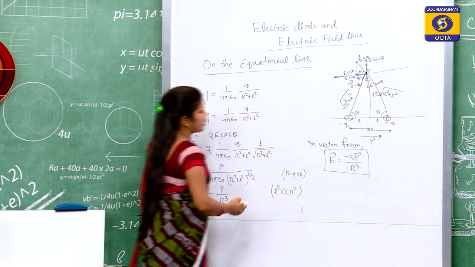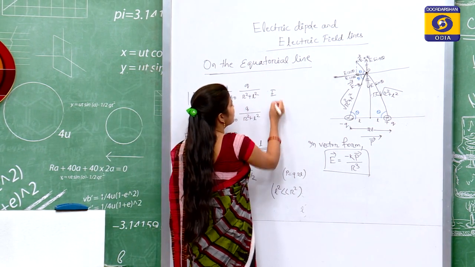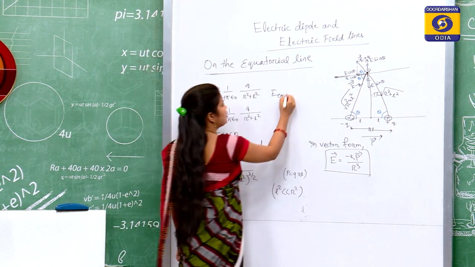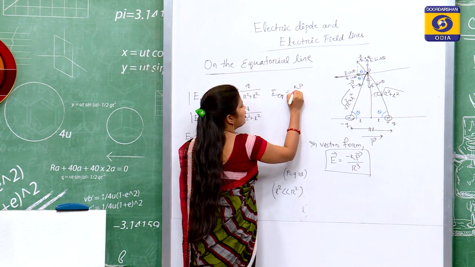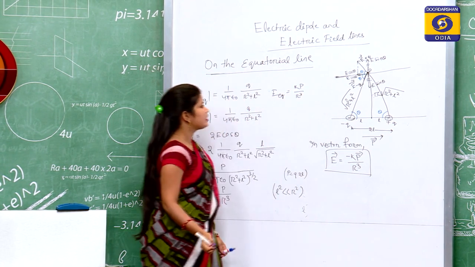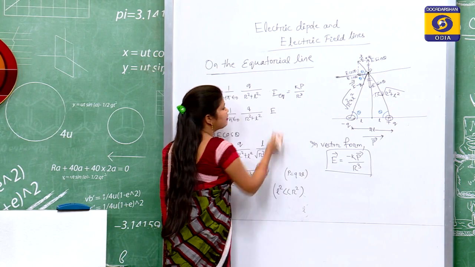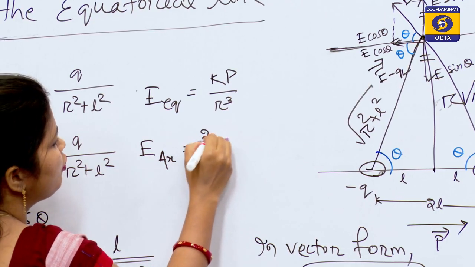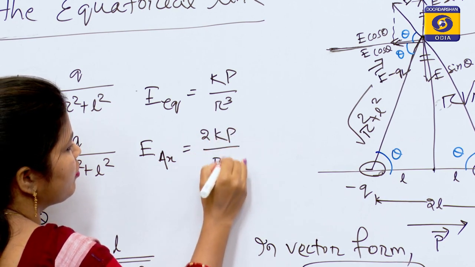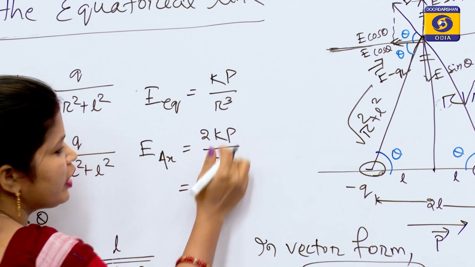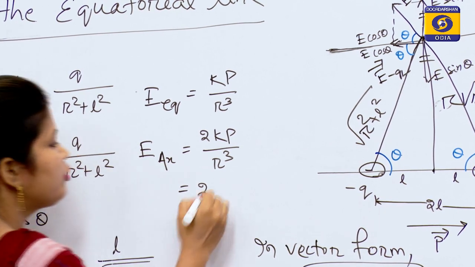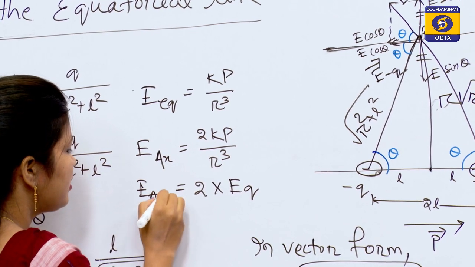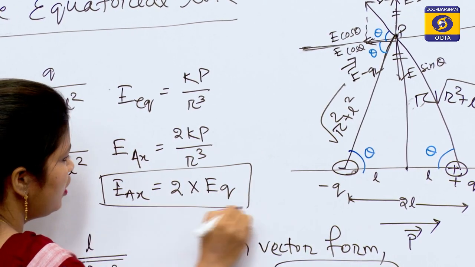See, so the magnitude of electric field intensity on the equatorial line is E equatorial, that is k p upon r cube, but the magnitude of electric field intensity on the axial line is equal to 2 k p upon r cube, that means 2 into k p by r cube. So, E axial is equal to 2 into E equatorial.